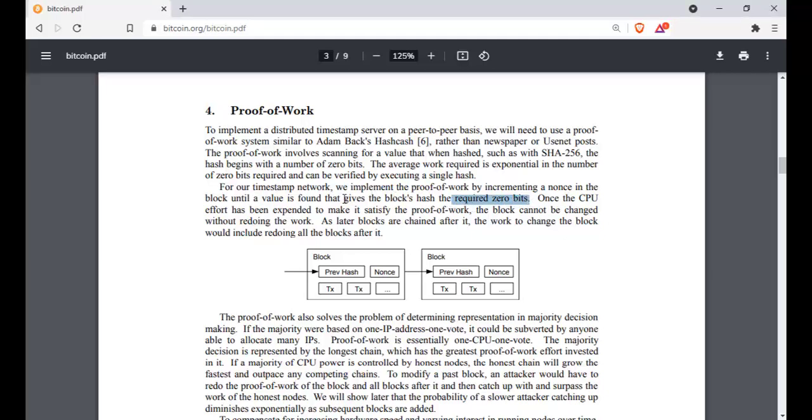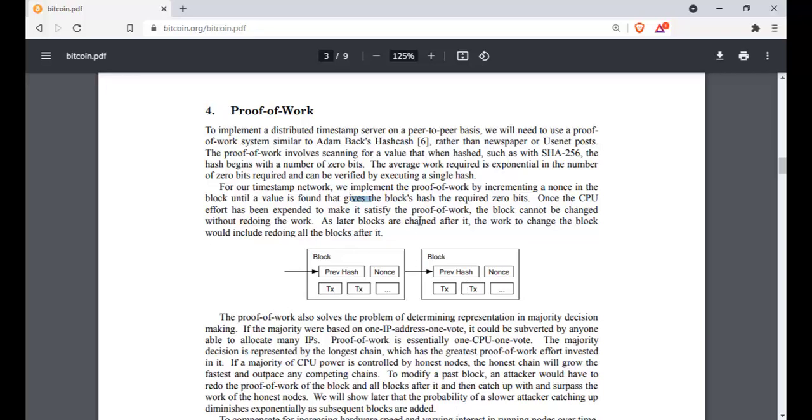The Bitcoin network also requires that the block hash has some number of zero bits. What does this mean? The hash is a 256-bit hash, so it must have some number of zeros at the beginning of it. If it doesn't have that, it won't be added to the block.